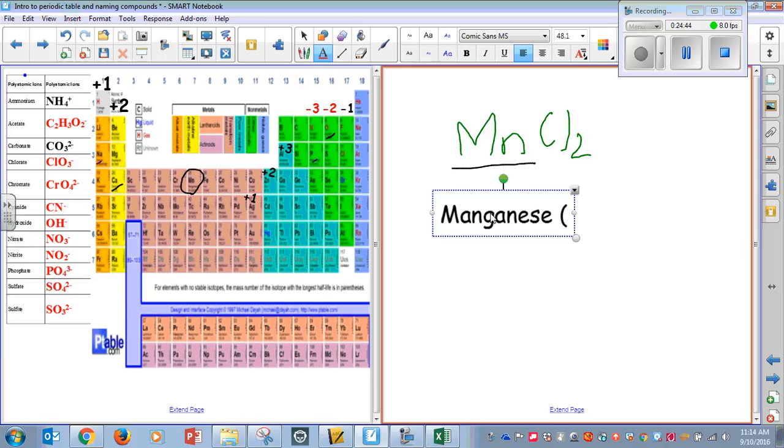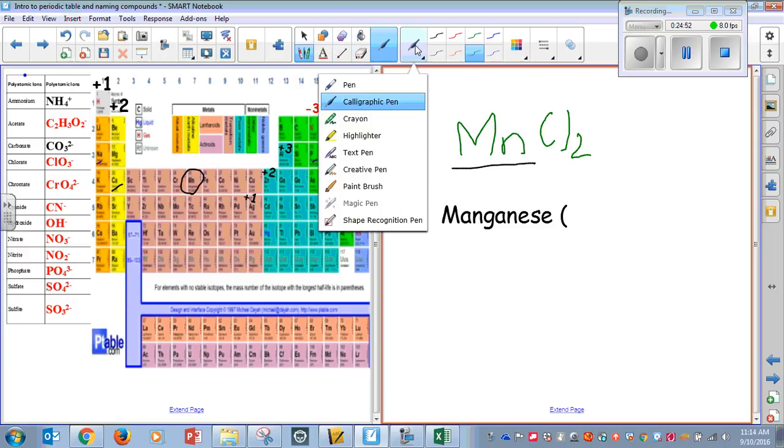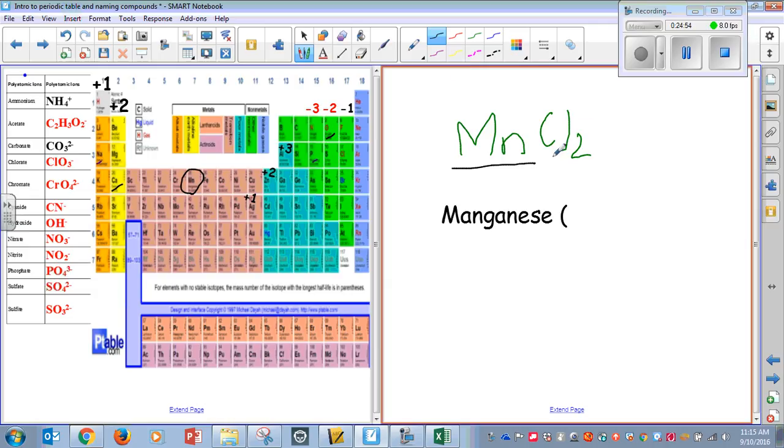Well, I need to figure out what that Roman numeral is. The Roman numeral stands for the charge. So how do I know what the charge is? Well, you have to look at your anion, my anion is chlorine. Chlorine has a -1 charge, and there's 2 of them. So that means the overall negative charge is 2.